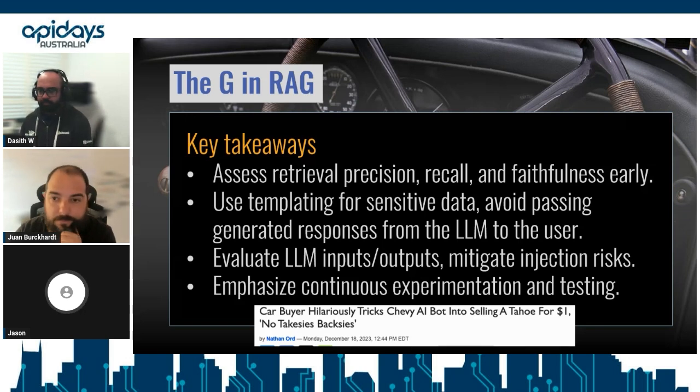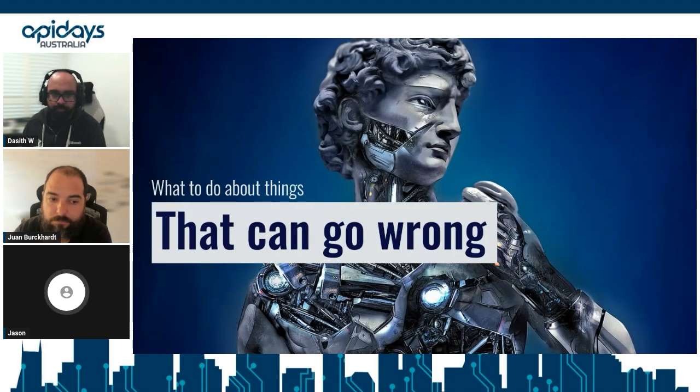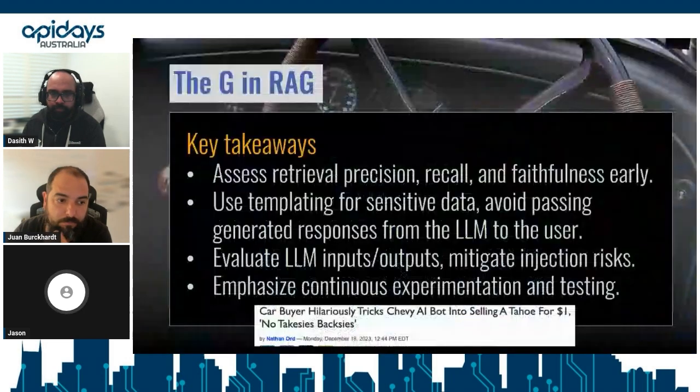Likewise, you also want guardrails on the output, because you want to mitigate the LLM returning information that isn't grounded in the context of the RAG, and those sorts of issues you might experience. And the final point I want to mention is emphasizing experimenting and testing.